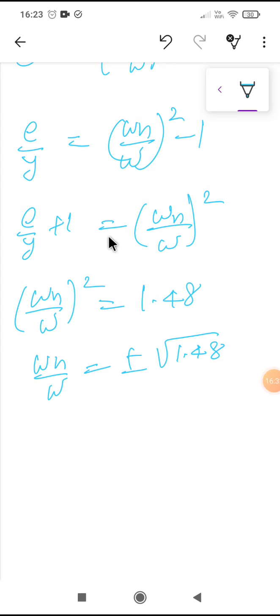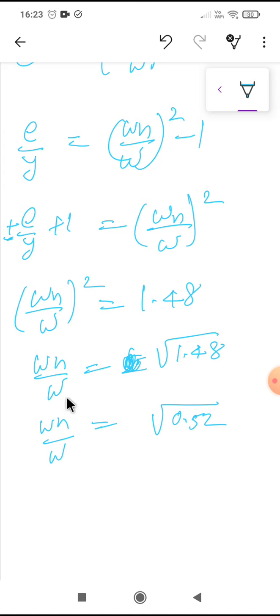In the derivation, the plus or minus sign we have already taken, so we are not taking it again here. In that case, the values will be under root 1.48 or under root 0.52.